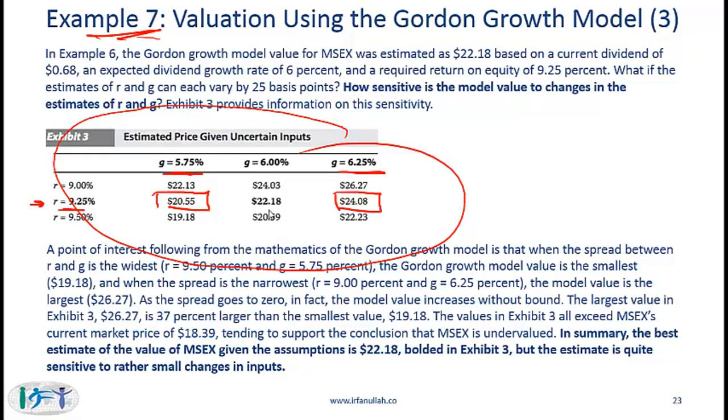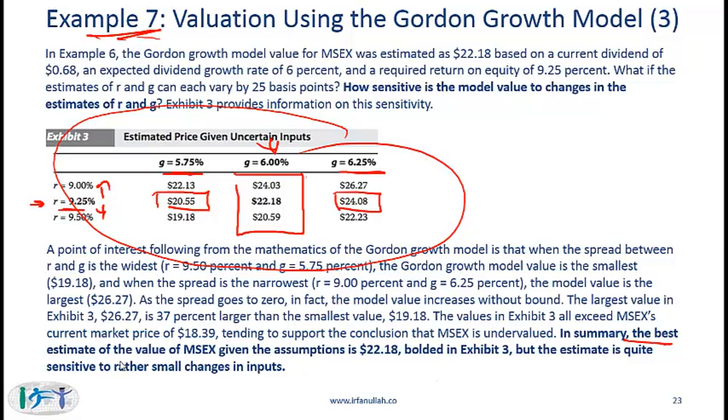Also, if you assume a given growth rate, then what happens to the value using different discount rates? Even if you have a 0.25% variation in the discount rate, there is a substantial impact on the value that you come up with. So that point is made here in the bottom line.